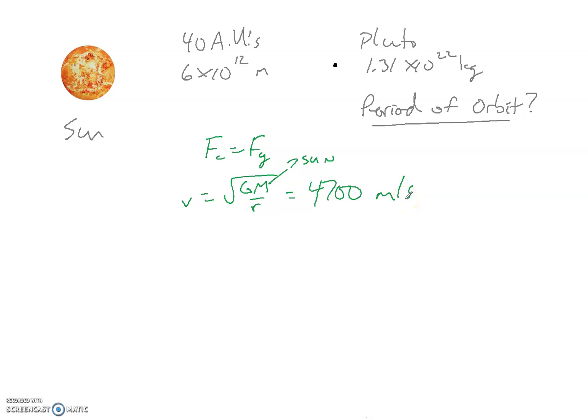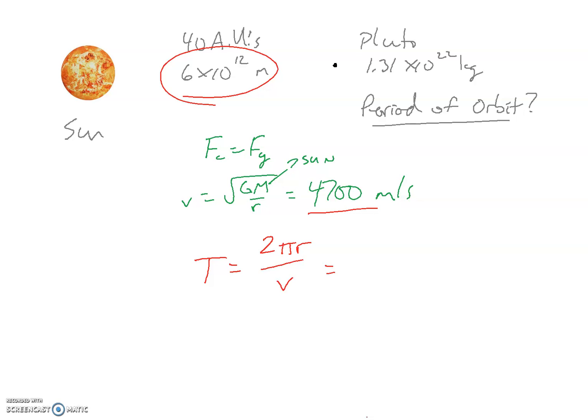Okay, well, now that I have that, period is just time. So I'm looking for period, and that's basically just d over v. So the distance would be the 2 pi r, the circumference of the orbit, divided by the v. So I've got the 2 pi r, I've got the radius, and I found out my v, so if I put them together, I can calculate the period.